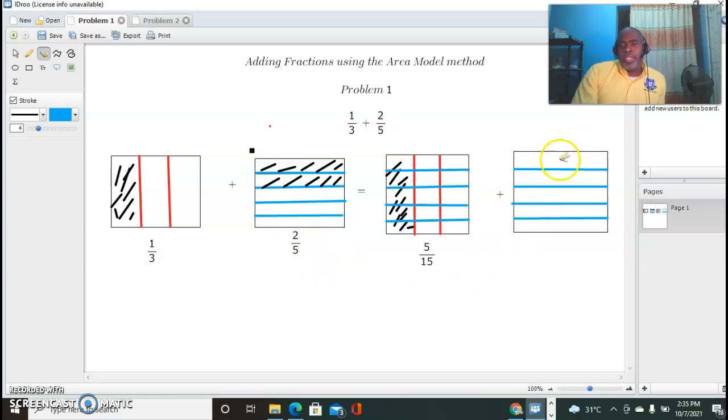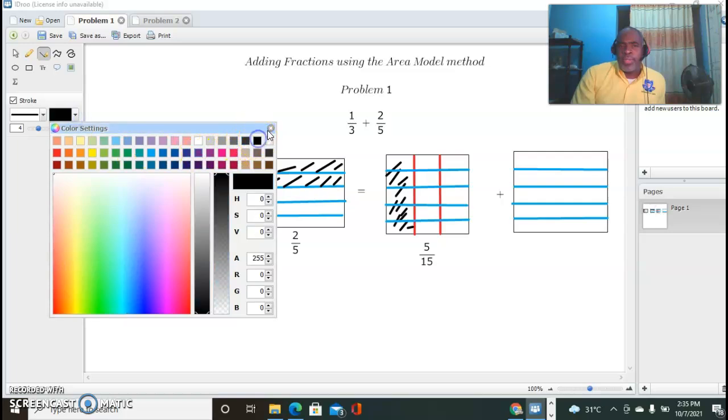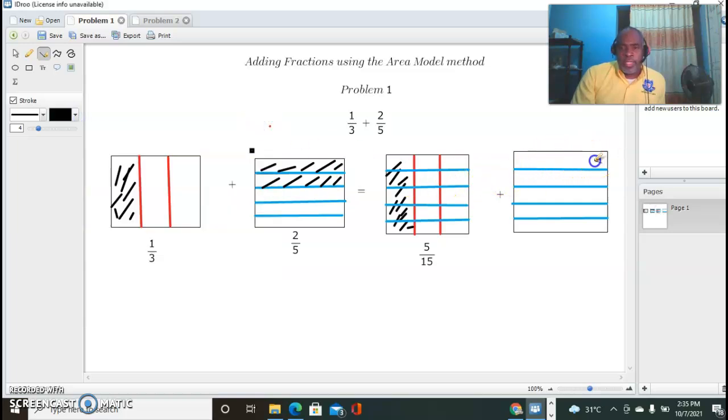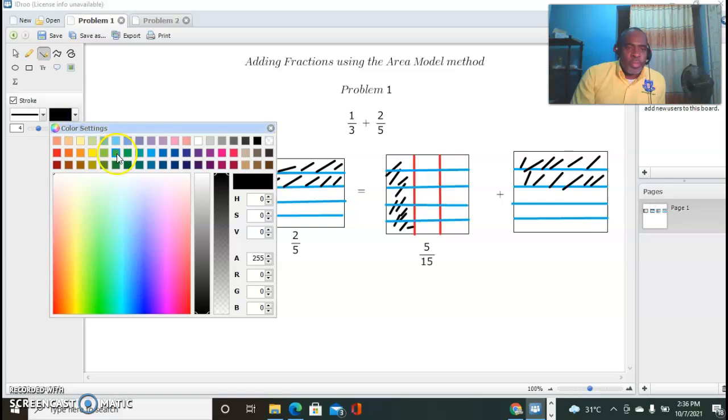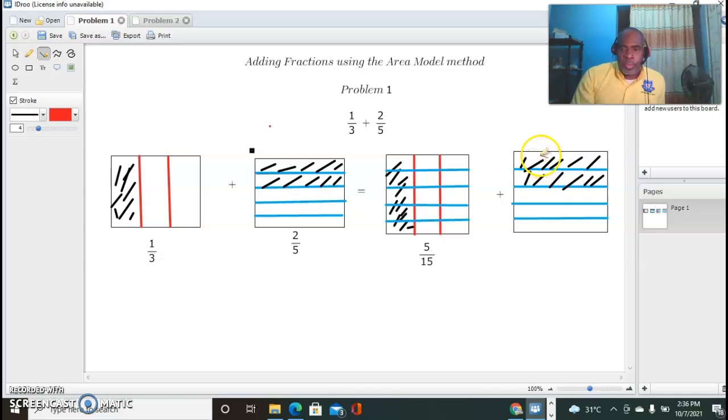Now how many parts am I going to shade in this one? You tell me. I heard 2. Did you say 2? Yes. So let's shade 2. Then now I'm going to divide it into 3 using this pattern. So 1 and 2. How many parts do I now have?